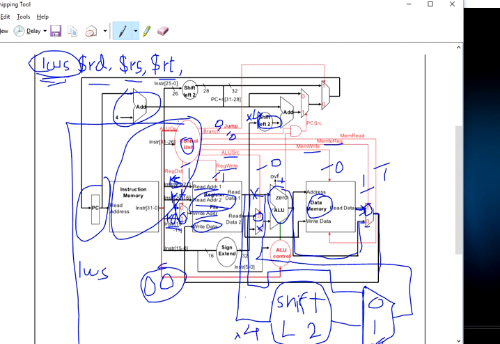After all that, we're going to go to the data memory and read from the memory, and then the value for that is going to get passed to the register destination, which is exactly what we want for load word S, LWS. So this is how you basically implement something that is not on your green sheet or anywhere. Okay, thank you guys.